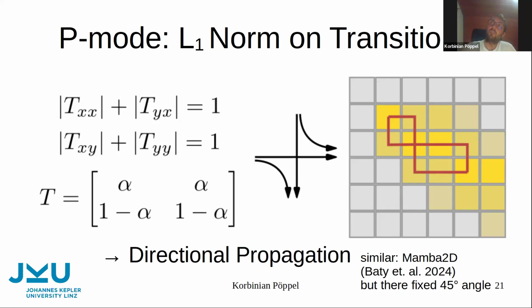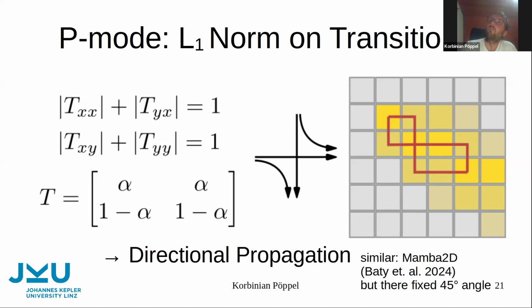For 3D, one could even imagine a combination of P mode and D mode, that would be somehow in between. What you could do, I think, is that in 2D slices, you would use a P mode, and along the third direction, you would use a D mode.